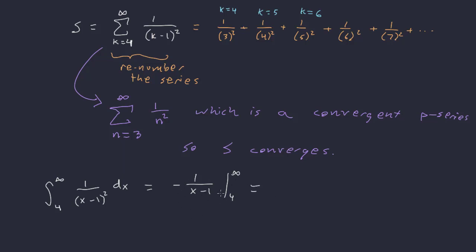So now we get negative 1 over infinity minus 1 plus 1 over 4 minus 1. Now 1 over infinity just goes to 0, and this is 1/3. So this comes out to be 1/3. So this integral converges.